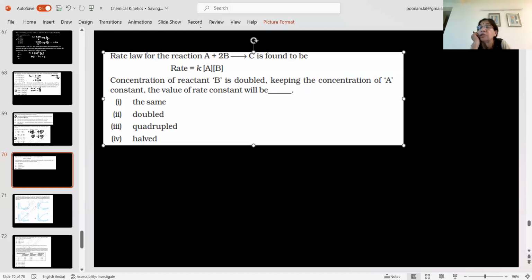I am not going to tell you the answer. Will the value of rate constant be doubled, quadrupled, half? What will happen? You are there in the class up to 7 o'clock. At least, Sanjay, you should answer this question if you understood what I am saying.